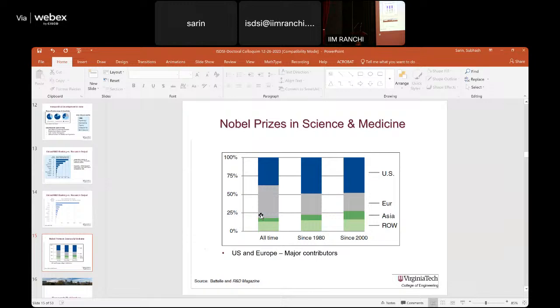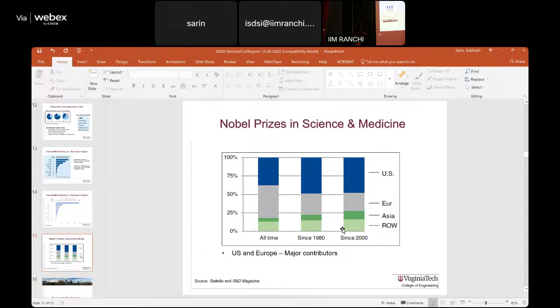Another measure of research is the number of Nobel Prizes in science and medicine won by different countries over the years. You see most of the time the US has a bigger percentage. The gray is for the European countries, the dark green is Asian, and the light green is the rest of the world.